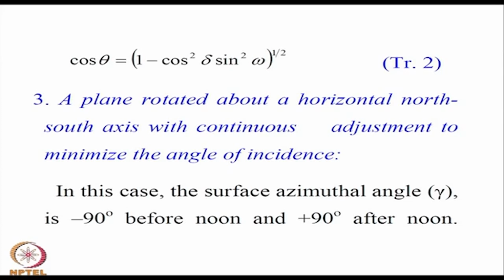This requires a little bit of explanation. This is my aperture plane. To my front is the south, let us say, to my back is the north, and this is east, and this is west. To my right is west, to my left is east.